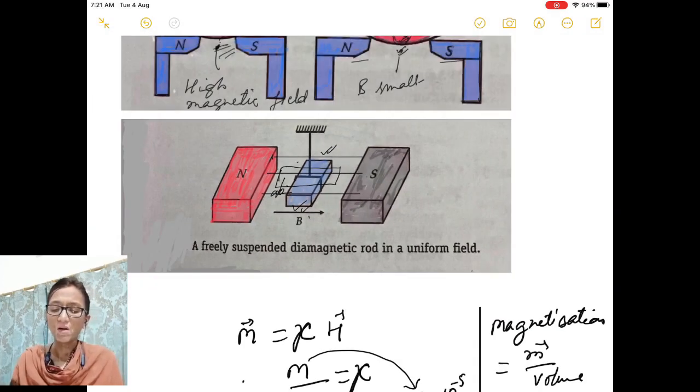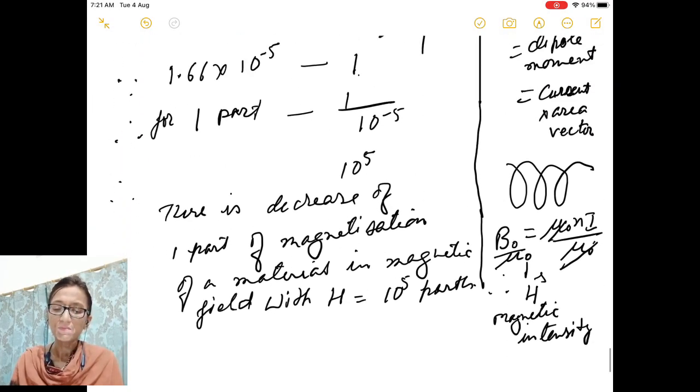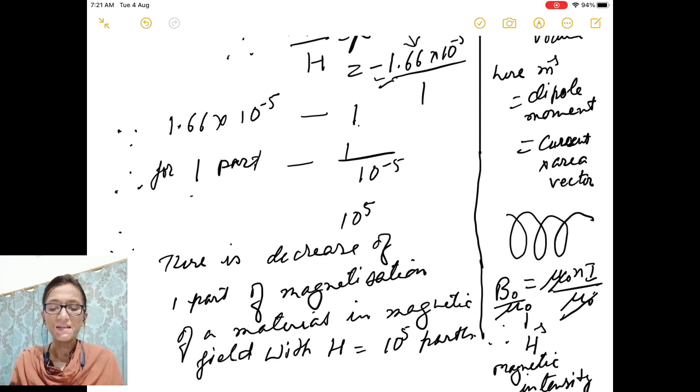So this is about diamagnetic material. When you place a diamagnetic material in an external magnetic field, its magnetization reduces by 1 part in 10 to the power 5.